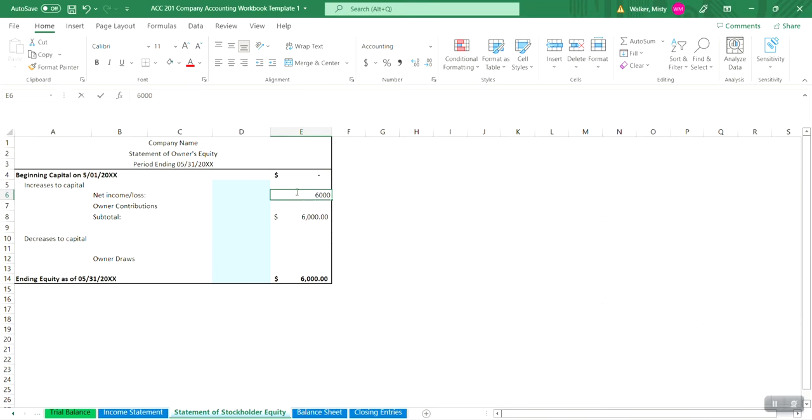So we have net income from operations, plus the owner contributions to capital that we had, of course. I think we had $50,000 in owner contributions in this particular scenario. So that gives us our total increases to capital for the month. And then we subtract the owner withdrawals from that.